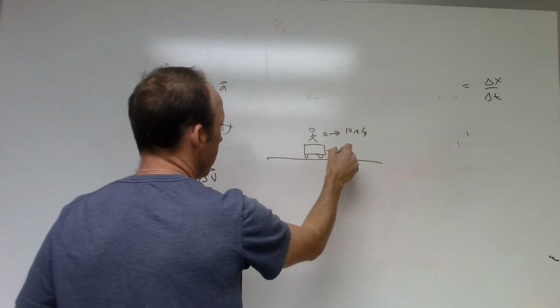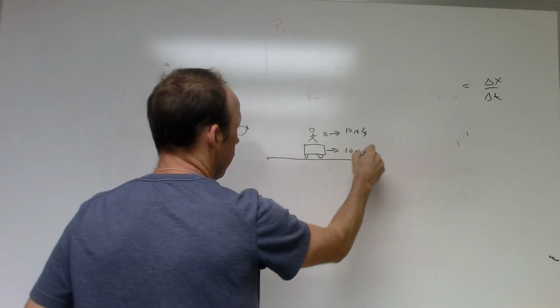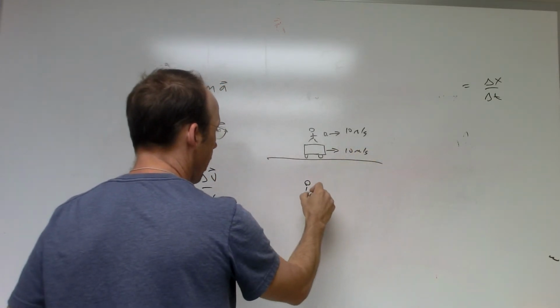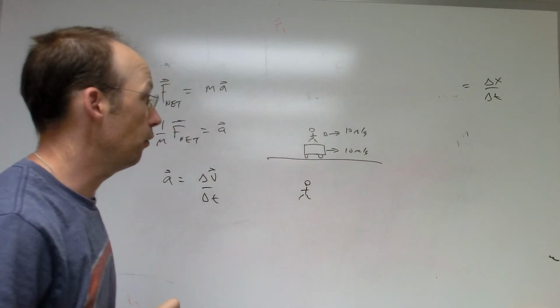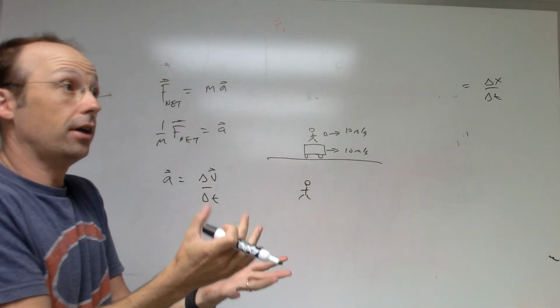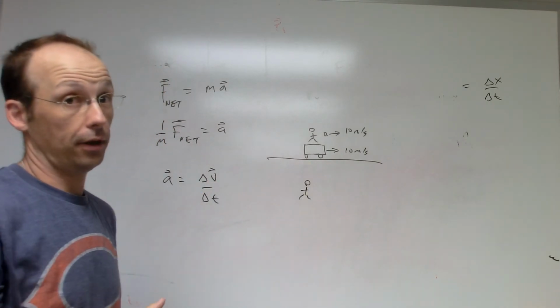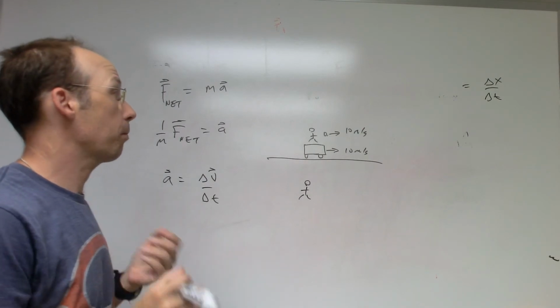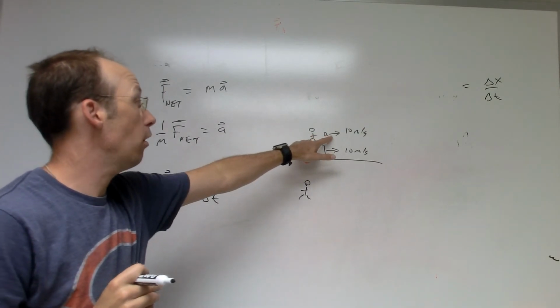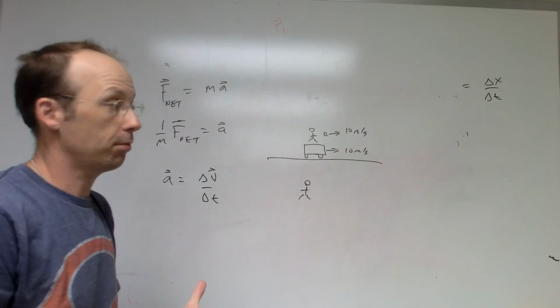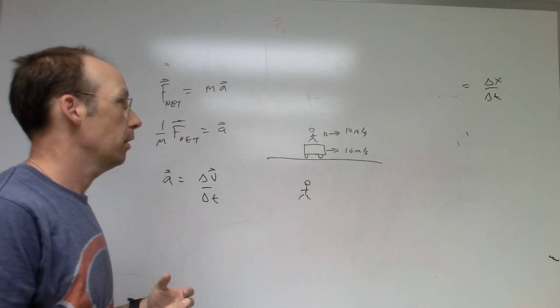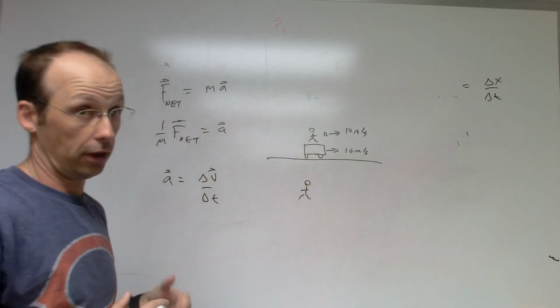If the bus is going 10 meters per second also, and I have someone on the ground, how fast would they see that ball moving? I can throw it 10 meters per second, but the bus is also moving 10 meters per second. So here we have a problem: I can throw this ball relative to the ground at 10 meters per second. But what would someone see if I'm on the bus throwing that ball?